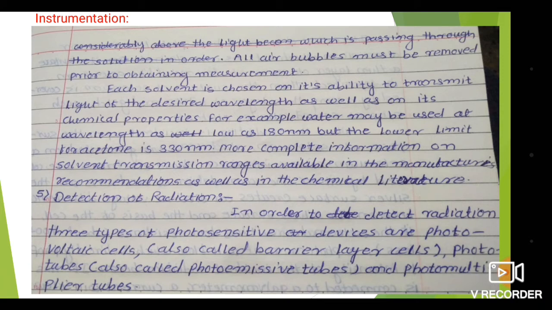Each solvent is chosen on its ability to transmit light of the desired wavelength as well as its chemical property. For example, water may be used for wavelengths as low as 180 nanometer, but the lower limit for acetone is 330 nanometer. More complete information on the solvent transmission range is available in the manufacturer's recommendations as well as in the chemical literature.